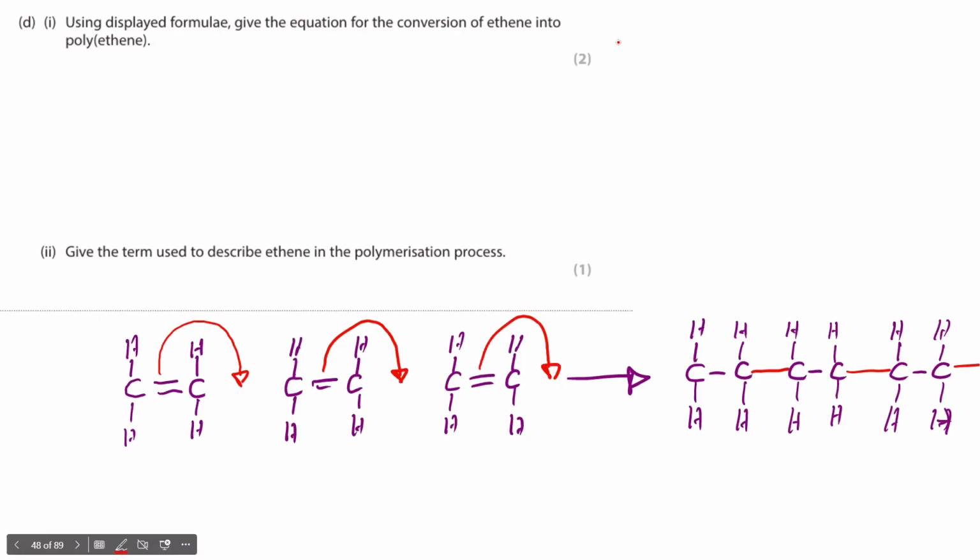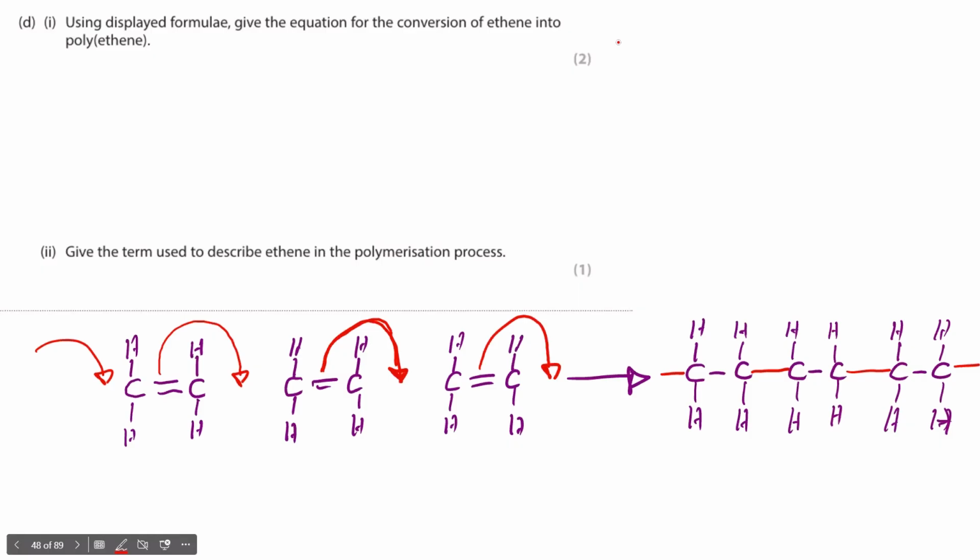The previous double bond moves here, making the link between these molecules and the previous one. So we had ethene, we formed polyethylene. But remember, I draw it like the double bond is shifting like this, but it's not a simple mechanism like that. The mechanism is a little bit complicated, but I'm just telling you the simplest way so you can understand.